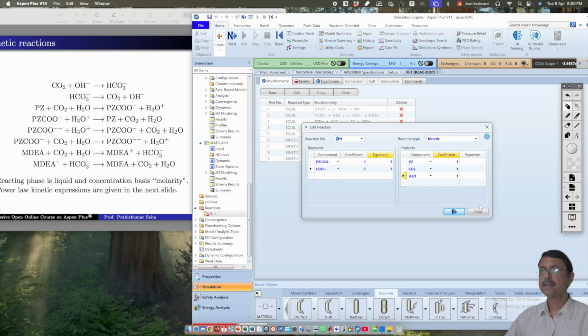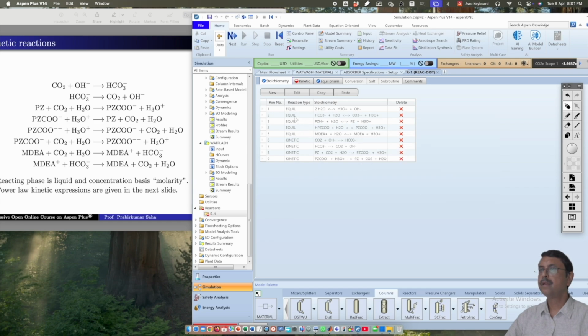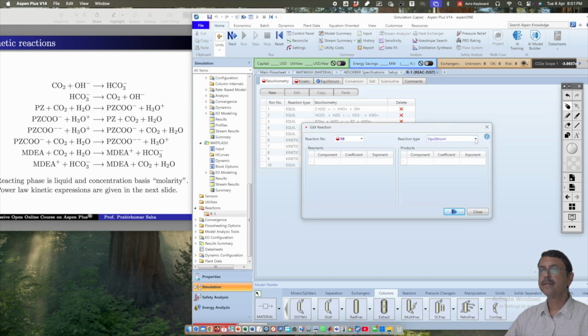Okay. Then 10th equation is kinetic reaction with PzCO double minus, the last one, H3O plus, then this one plus CO2 plus H2O.